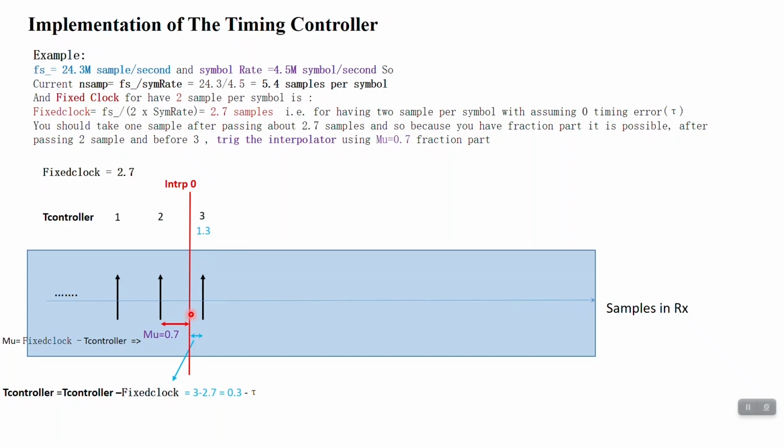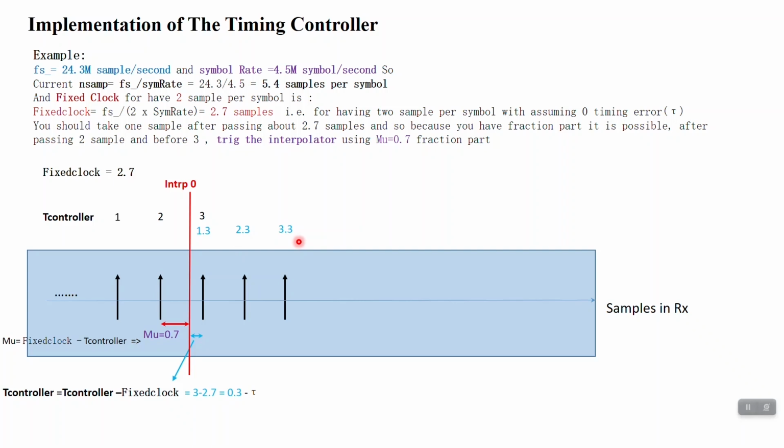The first value is summed with the residual from this moment, the residual is 0.3, plus 1. The T controller of the new sample is changed to 1.3, and after the second sample, the T controller of the second is the sum of 1 and the T controller of the previous sample, so it's changed to 2.3, and the third one to 3.3.